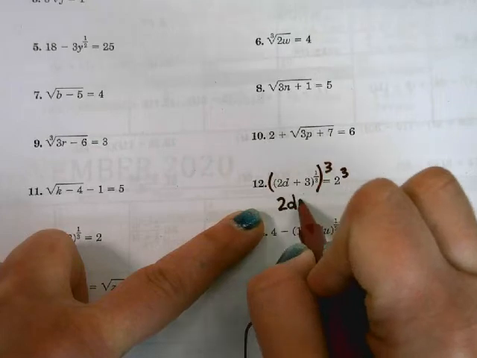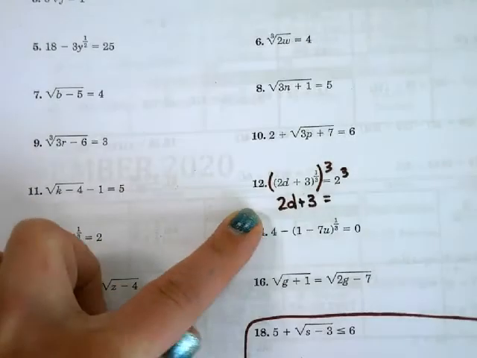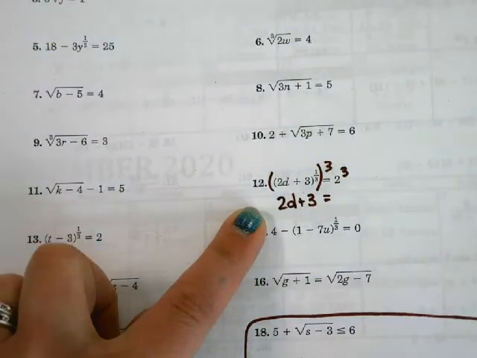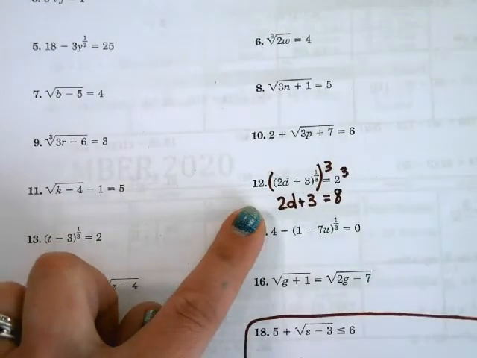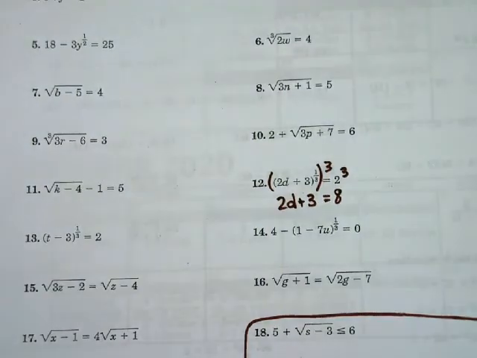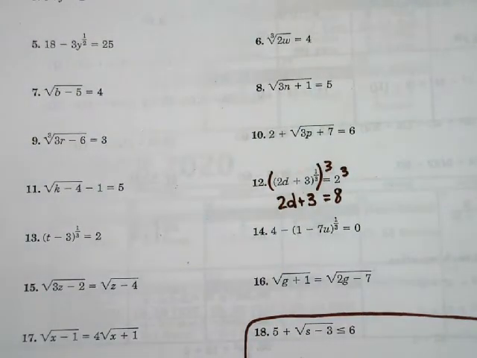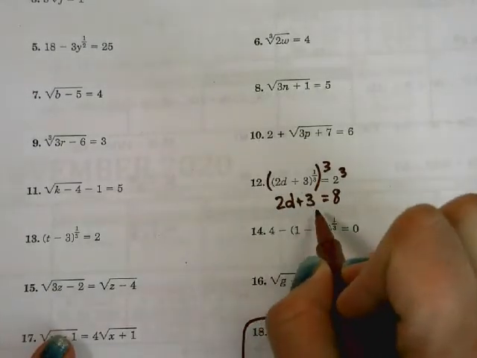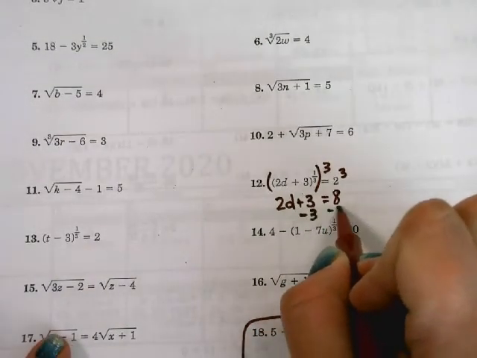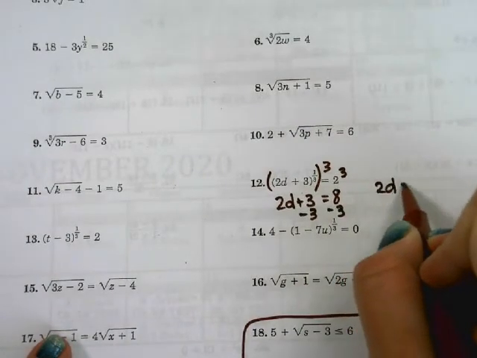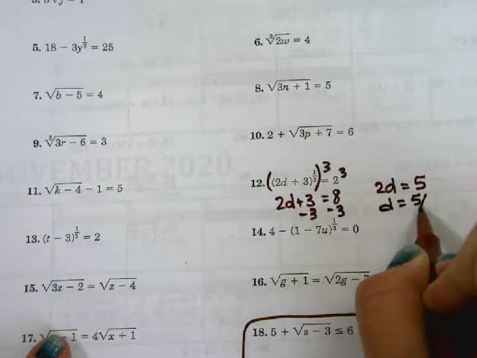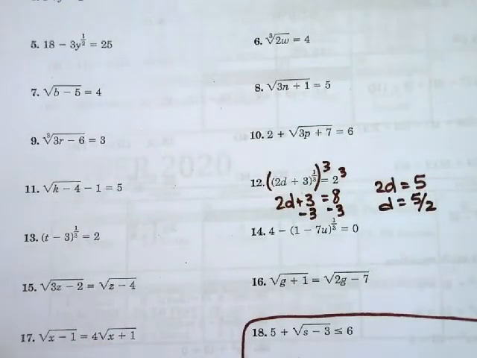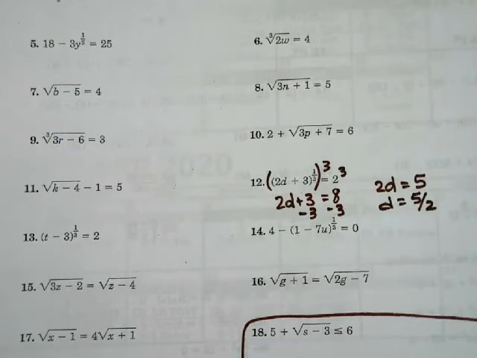So I get 2d plus 3 equals 2 to the 3rd, which is, use your chart or your calculator, 8. Now I'm going to solve it. 2d is equal to 5. So d is 5/2. I'd take 2.5 as well.